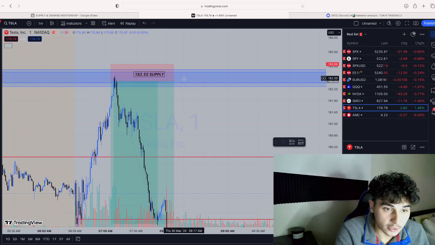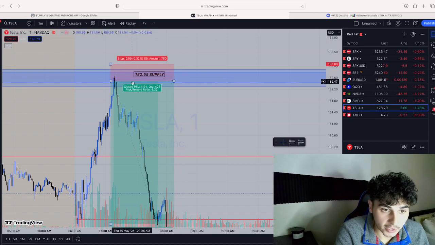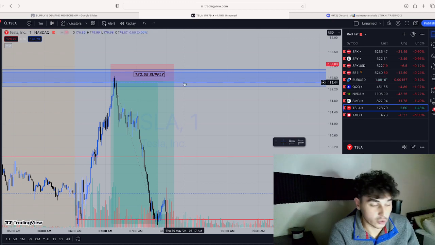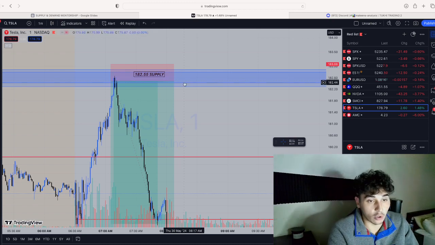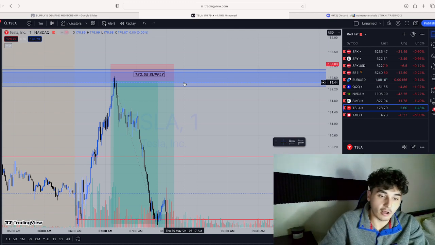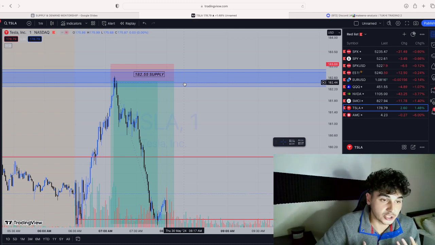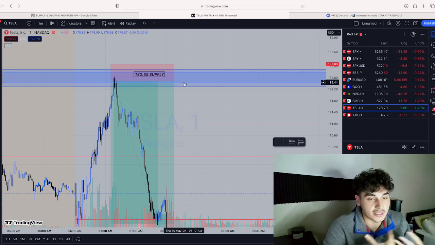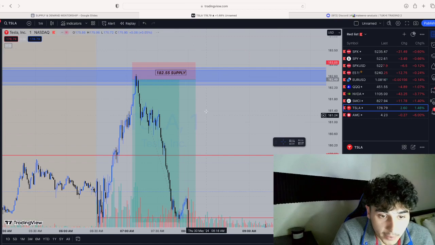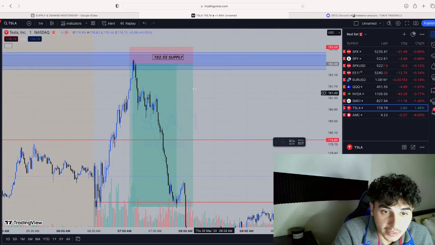Meaning that those sellers utilize this supply area, and this is indeed where those market makers sold pretty much all of their positions. And if there is excessive selling in one area, obviously that gives us the confirmation or idea as traders that price is likely to reverse within that area. So you can obviously see here that that's our supply.